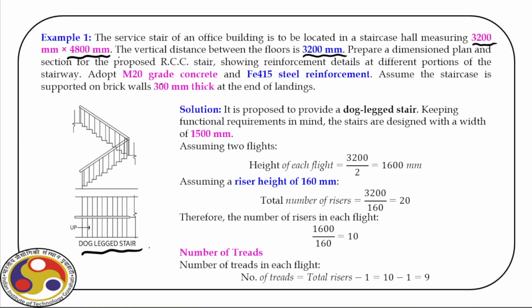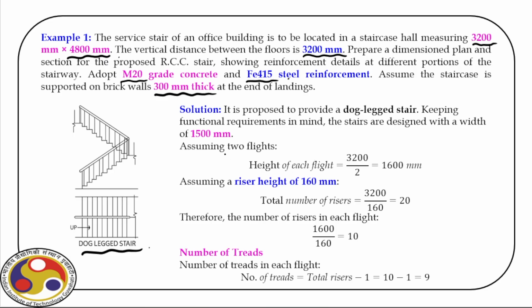Then we have to design it with M20 concrete and Fe 415 steel. The staircase in our case is supported by 300 millimeter brick walls at the end of the landing. So you can see it is longitudinal spanning. So first we need to design this dog-legged stair.